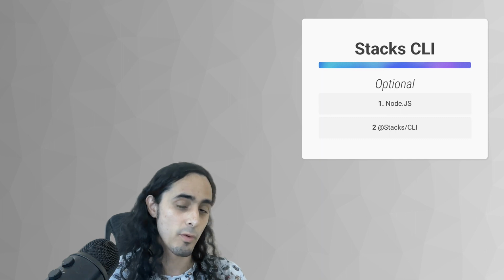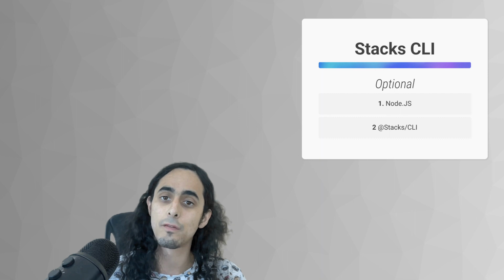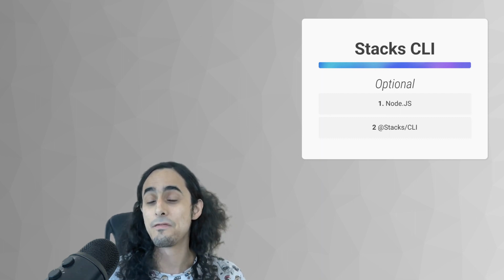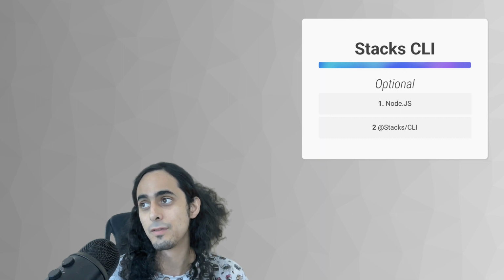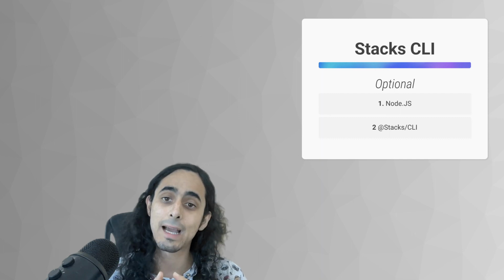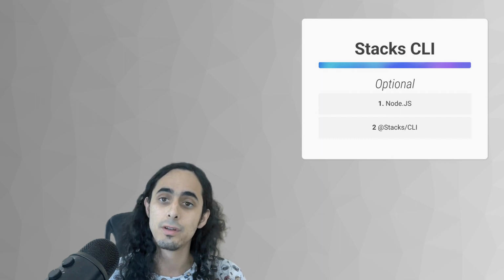And so with that in mind, what we need to install first is some package manager that makes it very easy to interface with common JavaScript APIs or common JavaScript libraries. You already saw that we installed the package manager brew to install Clarinet. Right now, we're going to install Node.js.